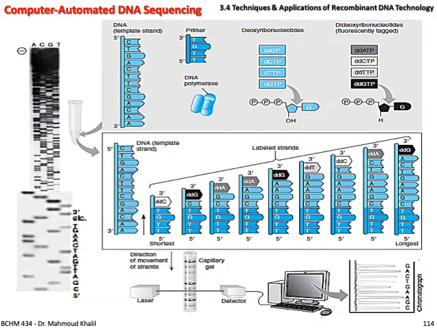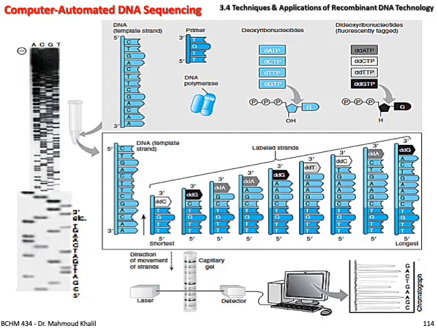Okay, so you have a laser. Another way of detecting, instead of doing the gel, is if the nucleotides have been labeled with a fluorescent dye, you have a laser and detector, and that converts the signal into a computer signal, and you can see the sequence arise as peaks.